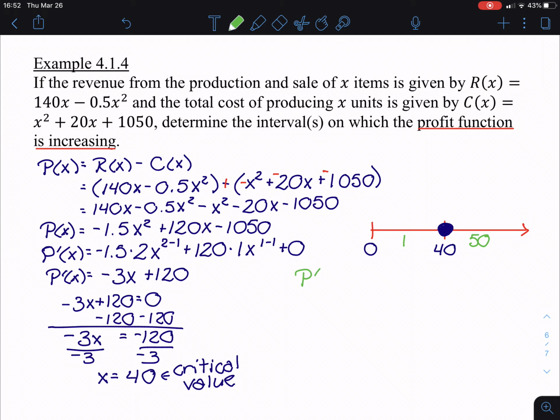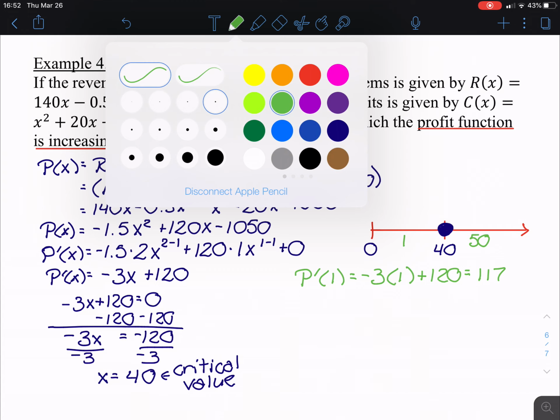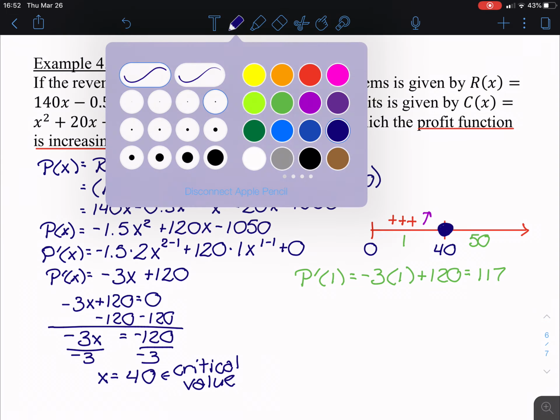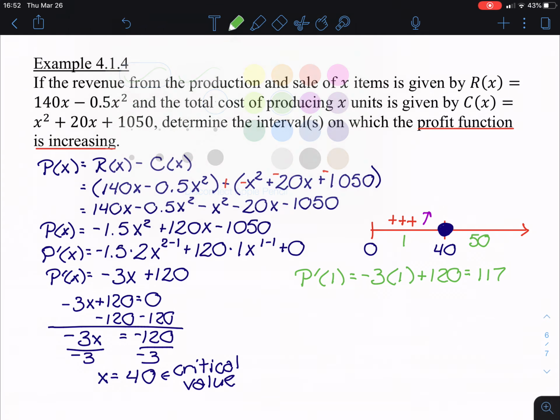So if I take P prime of 1, that's negative 3 times 1 plus 120. That's going to be 120 minus 3, which is 117, which is positive. So I know that my function is increasing on the interval 0 to 40. Now I'm going to evaluate my derivative at 50.